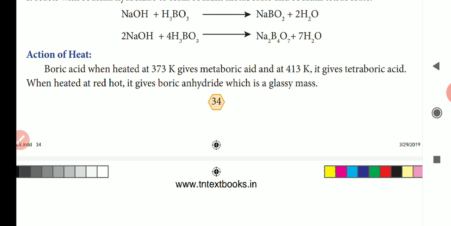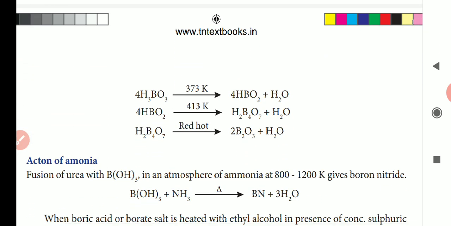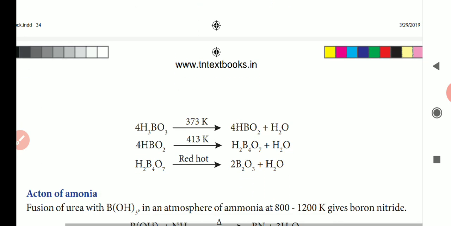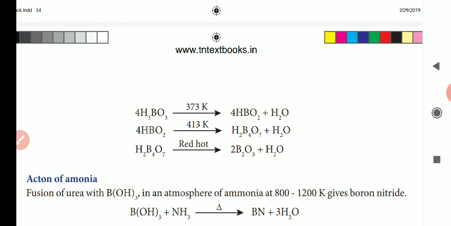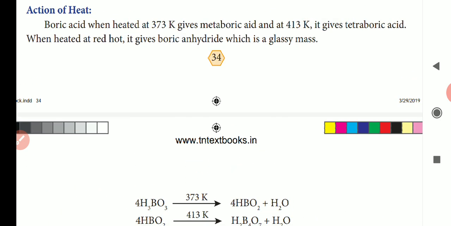When boric acid is heated at 373 Kelvin, that is 100 degrees Celsius, it gives HBO2, metaboric acid. Heated further at 413 Kelvin, it gives H2B4O7. When H2B4O7 is heated to red hot, it produces B2O3, boric oxide.